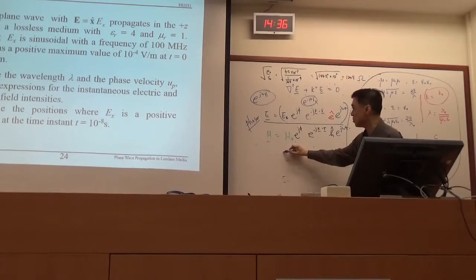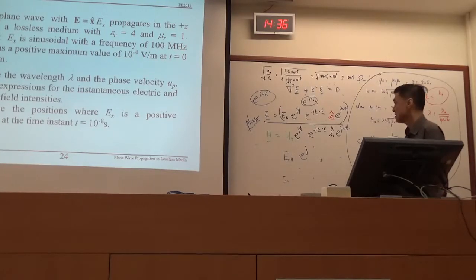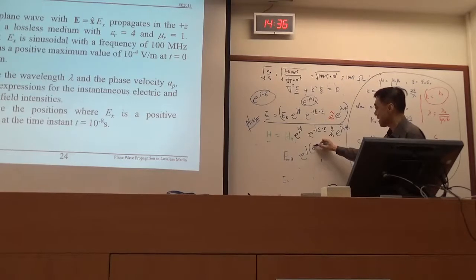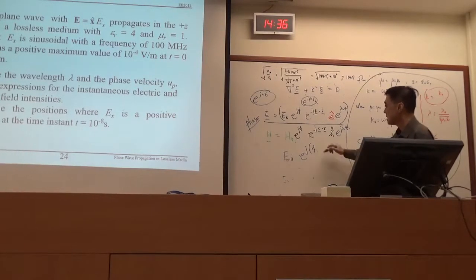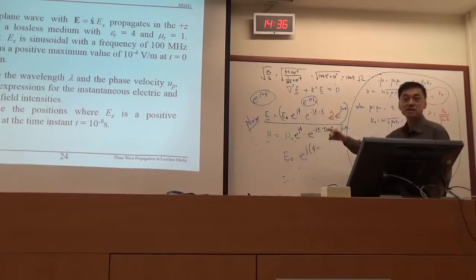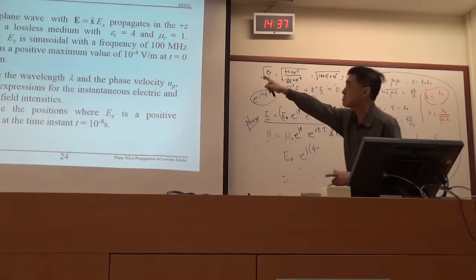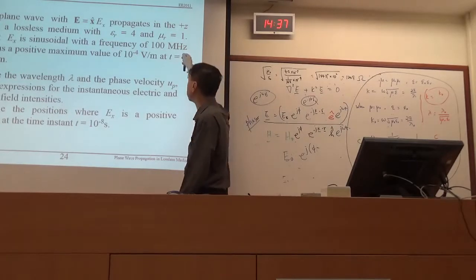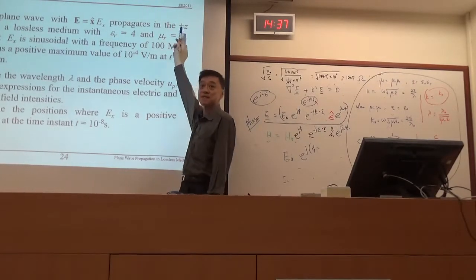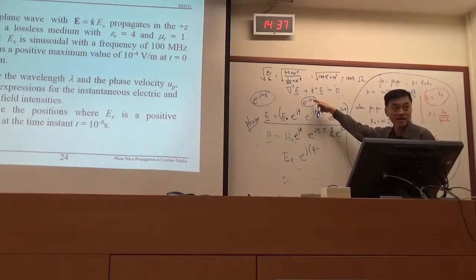So what are we going to do? We write it as E naught e to the j phi, plus or minus. Now, this one here, e to the minus j k dot r, since we know that it is propagating in the plus z direction only, this one becomes e to the minus j k z, right?